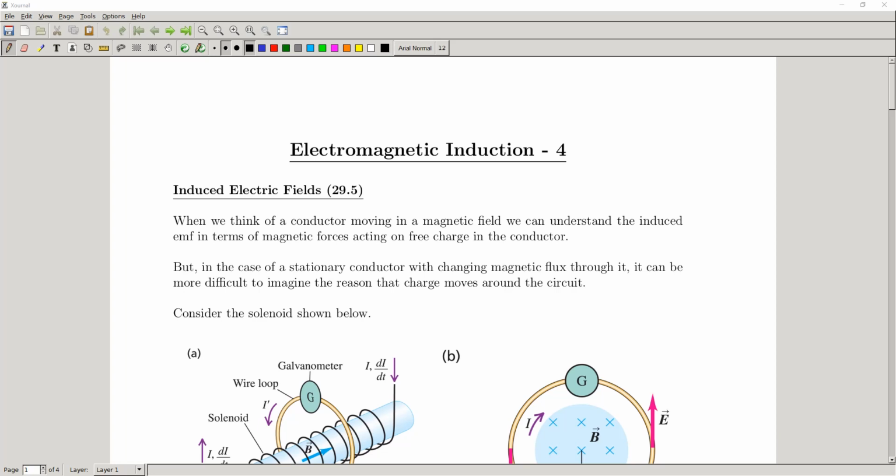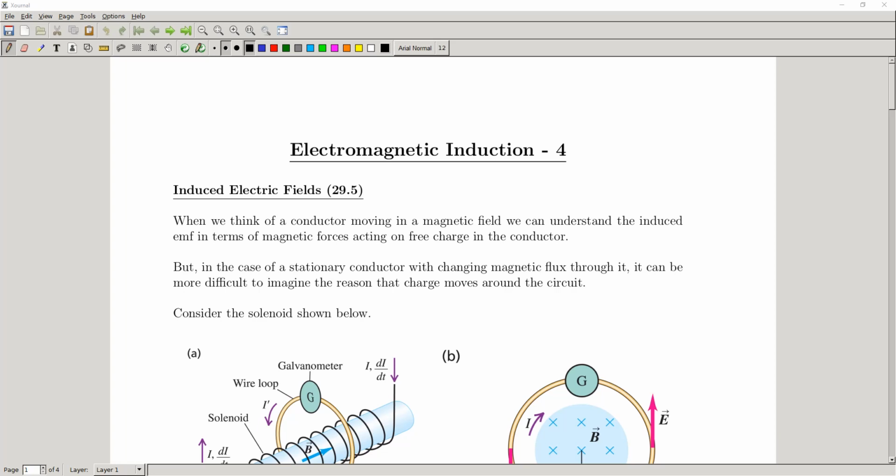But we also know that Faraday's law tells us that there are other situations in which we get this induced EMF or induced current. But in this other case, where we're talking about a stationary conductor and a changing magnetic flux through the conductor, it's a little more difficult to imagine the reason why these charges actually move around the circuit.